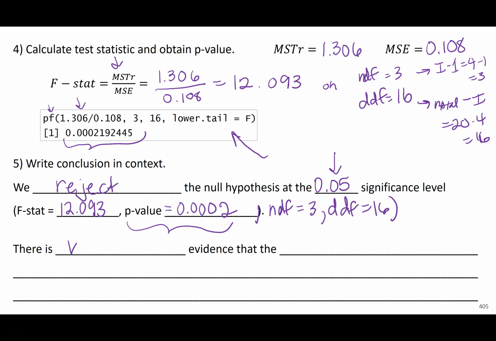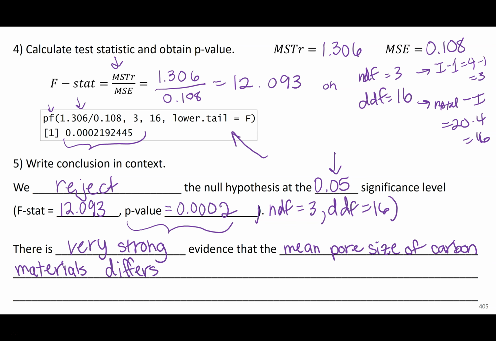So here, there is very strong evidence that the mean pore size of carbon materials differs for at least one of the temperature treatments.